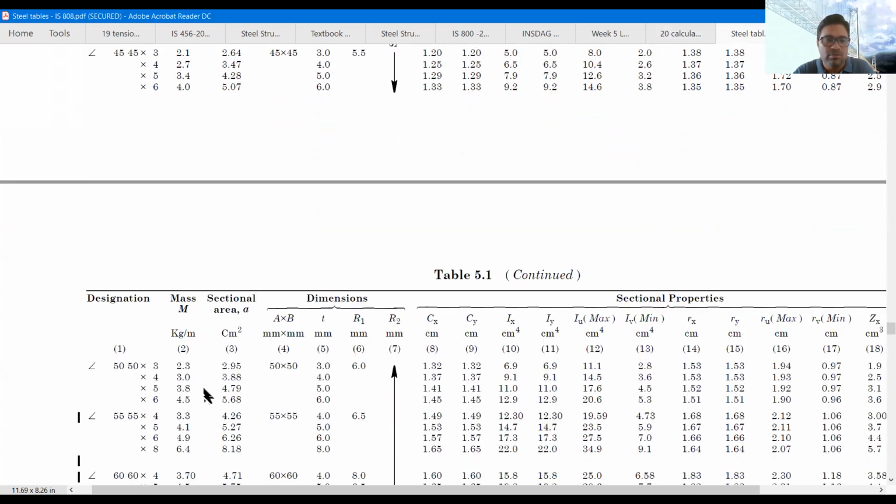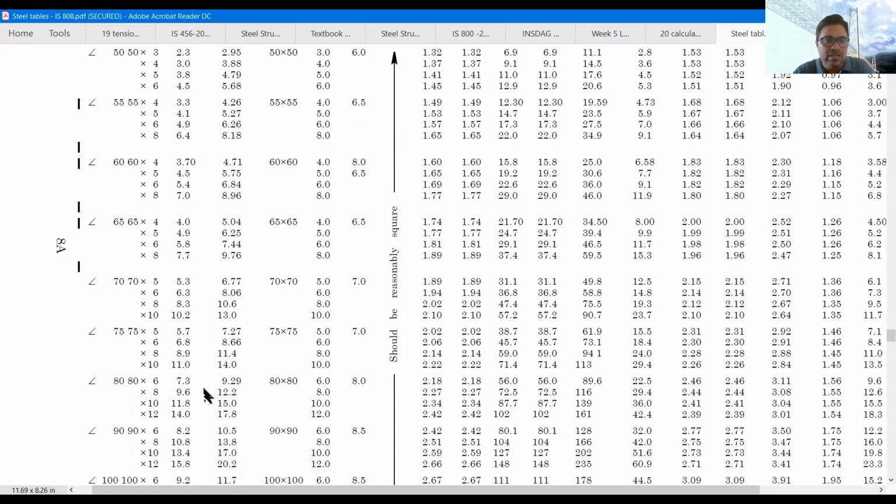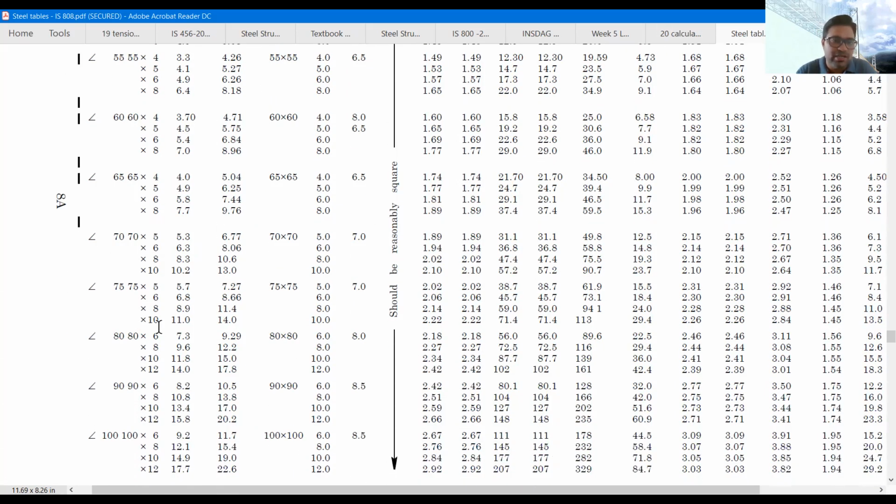We will go down further, where we see some angle sections with higher dimensions, like 80 by 80 by 6 or 8 or 10 or 12. Here we have different sectional areas. For 80 by 80 by 8 mm thickness, the sectional area is 12.2, but our required area is 12.76. So we cannot choose this.